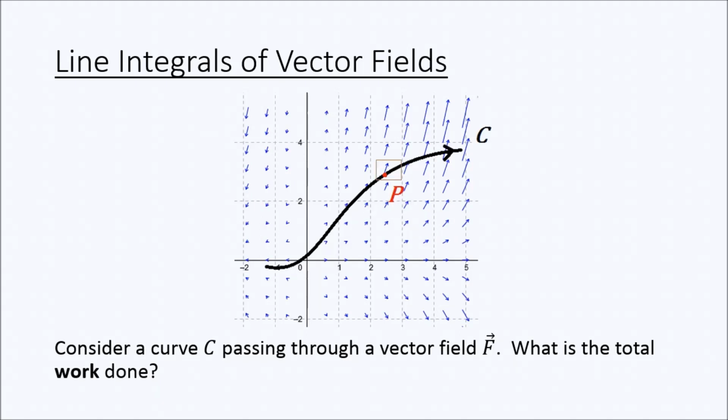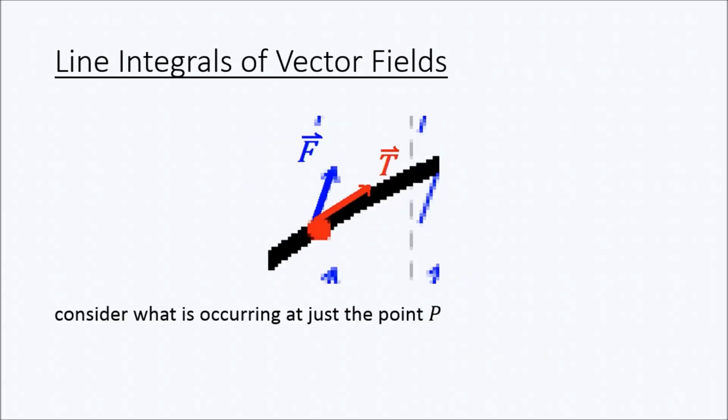So, well, let's consider what happens at just one of those individual points. So let's kind of zoom in on that point P. When I look closely at that point P, obviously I have my vector force being applied at that point. And what I'm going to have to consider is going to be the tangent vector, or in this case, the unit tangent vector at that point as well.